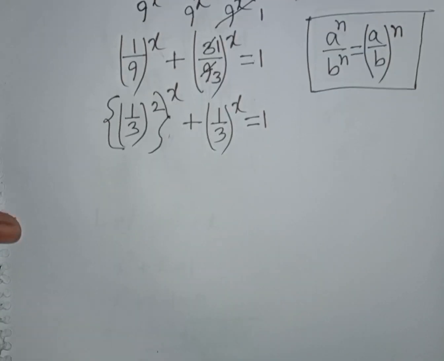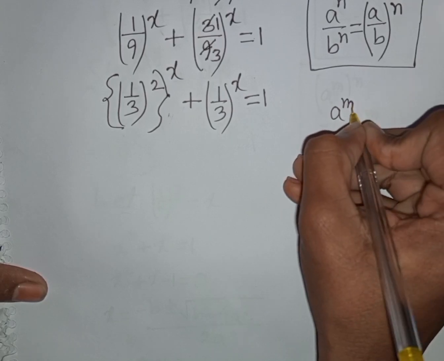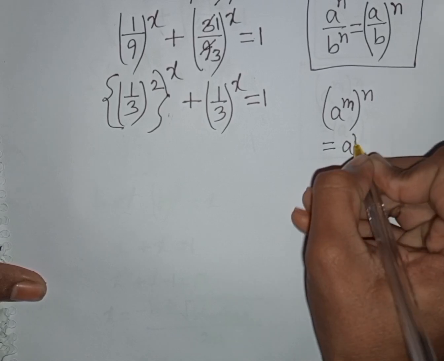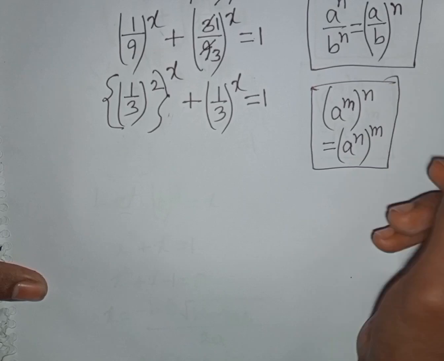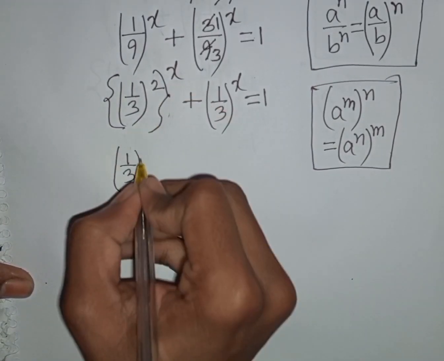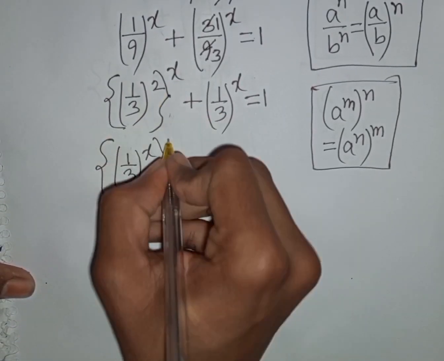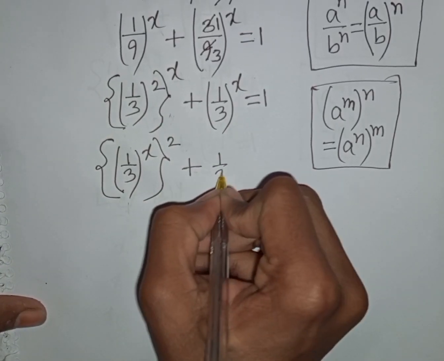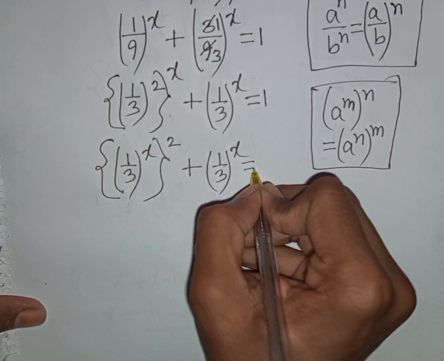Now here you can apply this exponential rule that a power m bracket power n is equal to a power n bracket power m. So according to this rule I can write 1 by 3 bracket power x, then second bracket power of 2, plus 1 by 3 bracket power x is equal to 1.